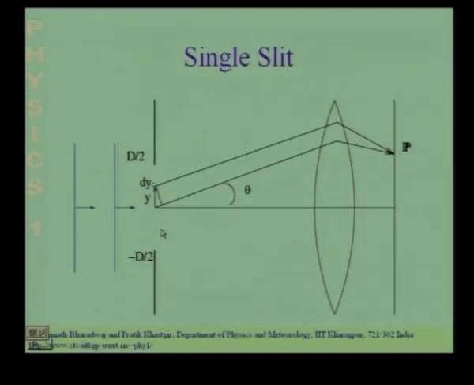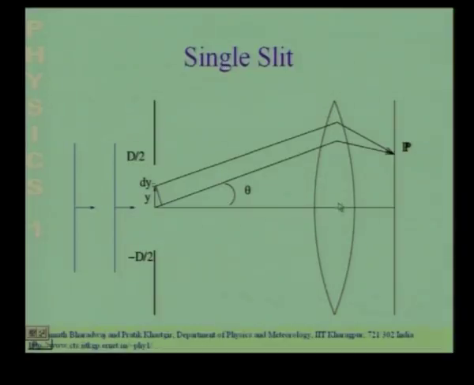Now, we have shown the screen over here. You could either place the screen very far away, or you could put a lens in front of the screen, and put the screen at a finite distance.